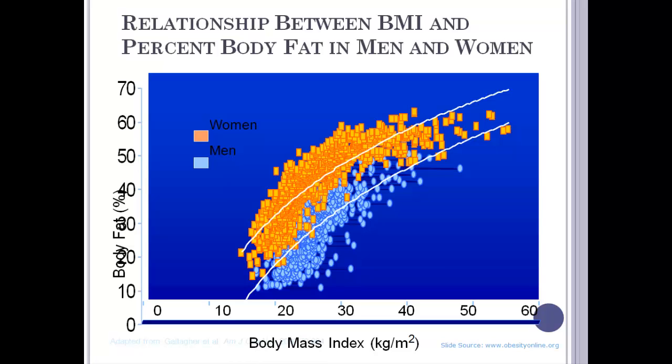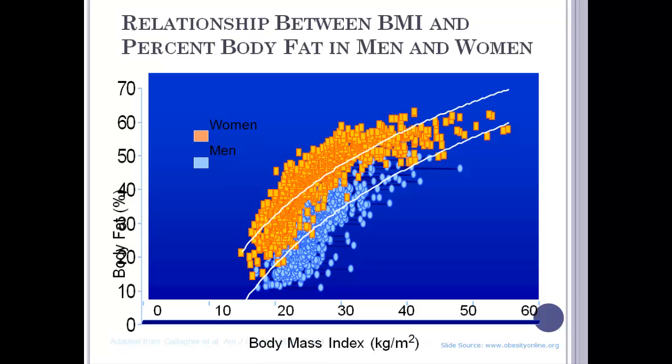You're looking at a figure right now from a study that was based on about 613 men and 876 women. And what this shows is that BMI correlates with body fat mass in a curvilinear fashion for both men and women. The relationship between BMI and body fat is sex and age dependent, but at an equivalent BMI, women and older persons will always have a higher percent body fat than men and younger persons, and that's okay.